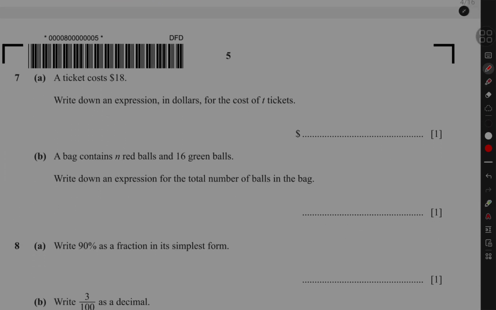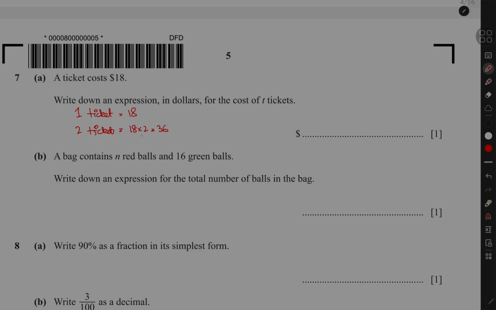Okay, next question: a ticket costs $18. Write down an expression in dollars for the cost of T tickets. So that's extremely easy. Let's just start with an example. If I take one ticket, what would its cost be? 18. If I take 2 tickets, their cost would be 18 times 2, which is 36, right?